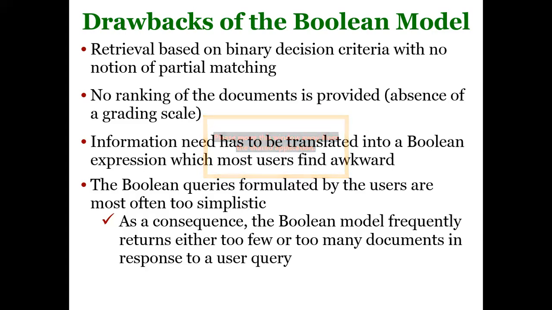The presence of a query term in a document means the document becomes relevant since it contains the query term. Otherwise, irrelevant. Since it doesn't help us to apply partial matching, there is no best matching. That means there is no ranking based on the relevance of the document for a given query.